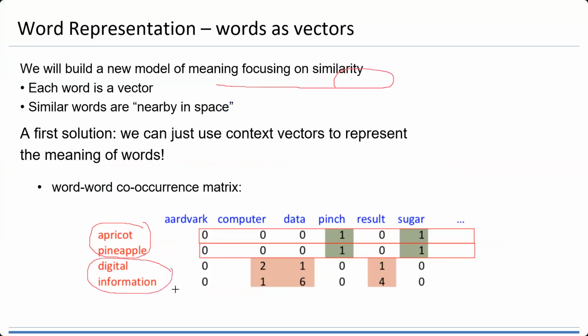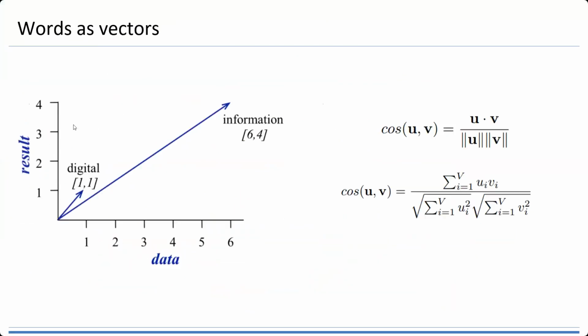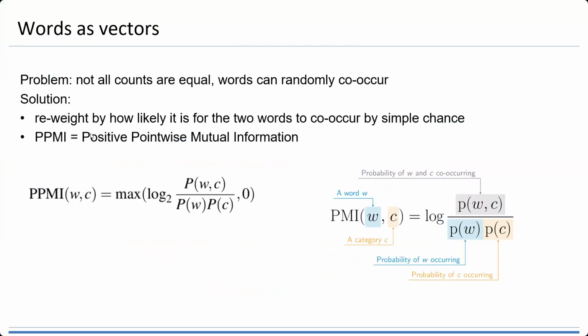So the words can be random, and when we compute the similarity, of course the result will also be kind of random. So we need to find the weight, or we call it re-weight, by how likely it is for the two words to co-occur by simple chance.